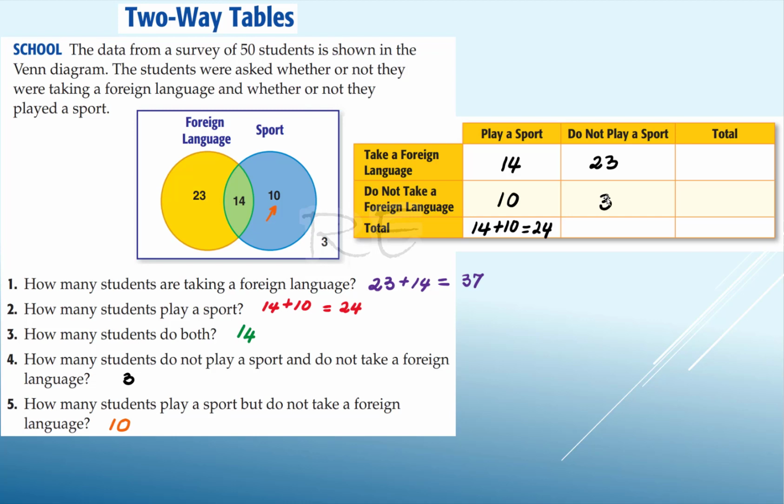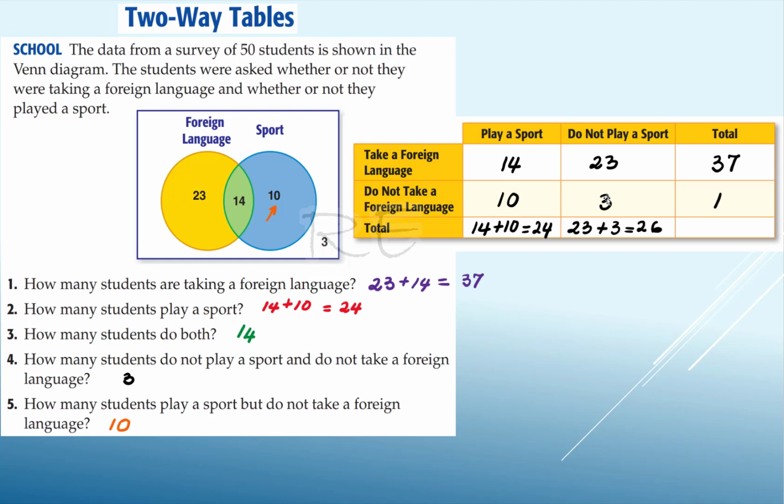Now the total is 26. So now the total for taking a foreign language is 14 plus 23, which is 37.